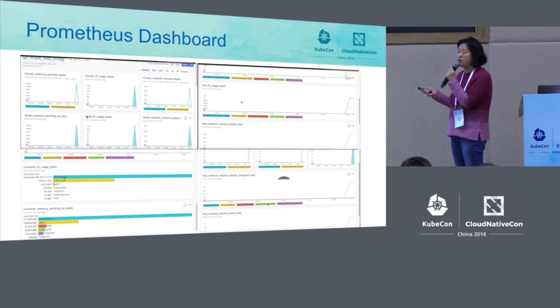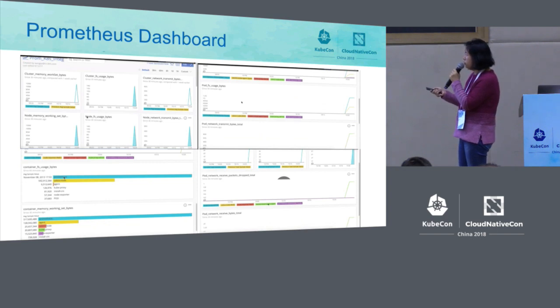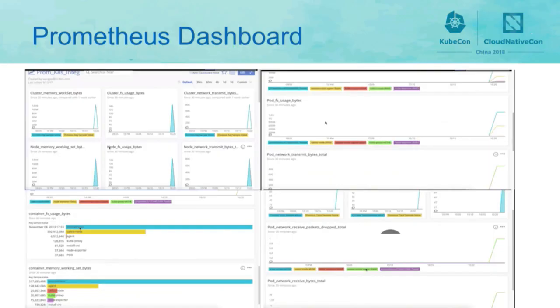So this interface is a kind of commercial solution, the pod dashboard. And you can see here there are lots of data. So the pod level, node level, and the container data are all stored here.